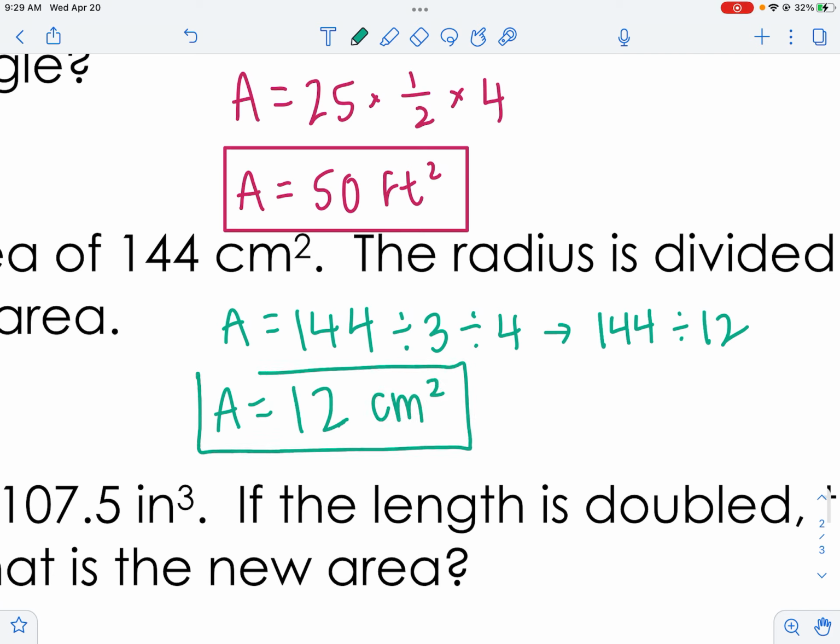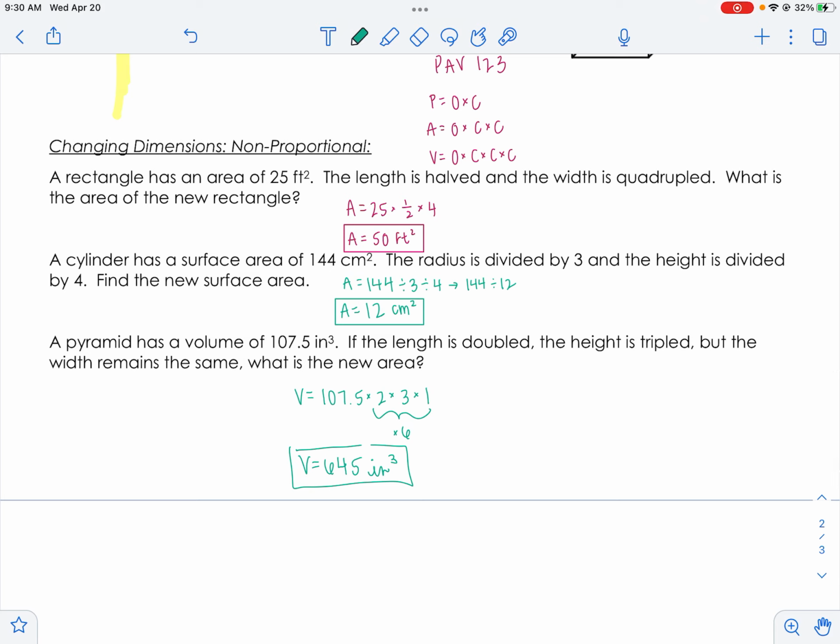I'm tripling the height, so I'm going to multiply it by 3 for that. And then it says the width is staying the same. Well, that would just be a 1. So what's 2 times 3 times 1? I'm just going to take that volume and multiply it by 6. And so my new volume would be 645 inches cubed. And that's how that volume would change.